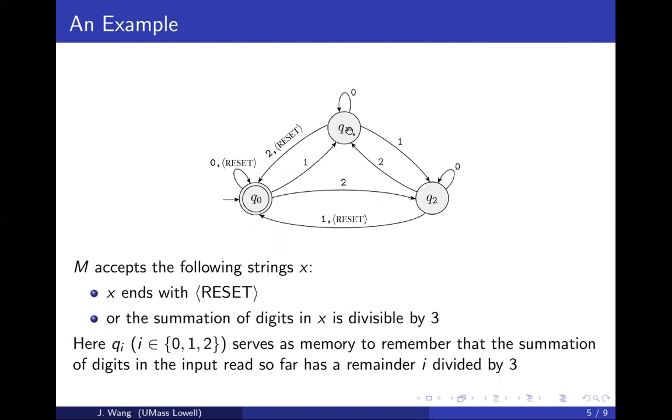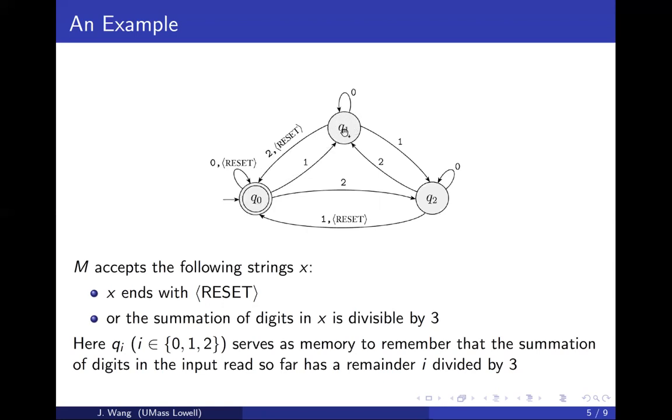So it looks like if you sum the digits on your input string, and it's divisible by 3, then you will accept it. For instance, if it's 1 and 2, 1 plus 2 is 3, then you accept it.